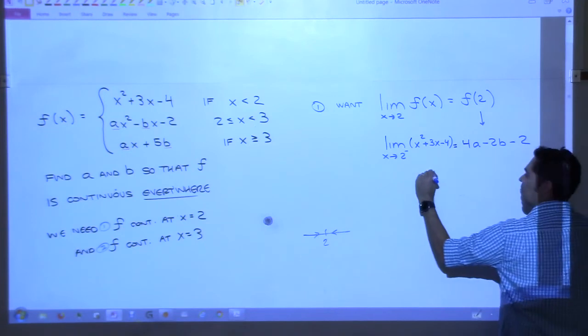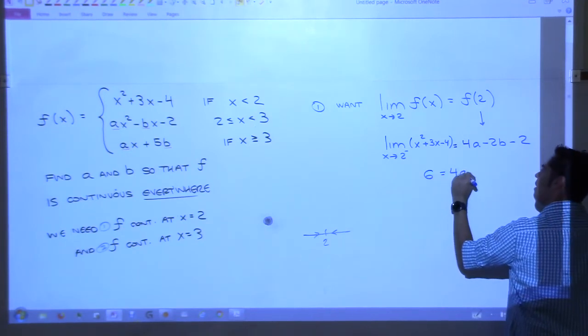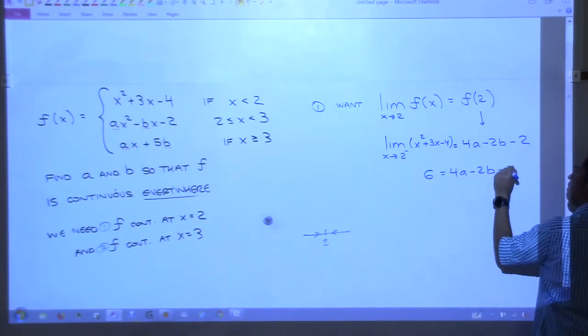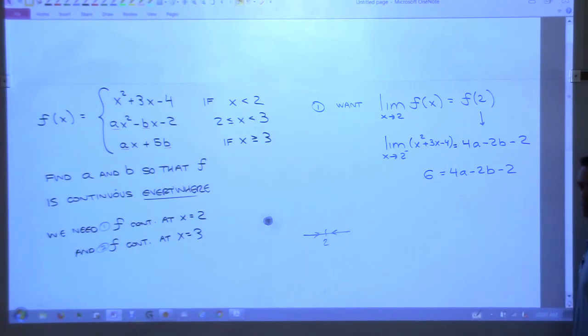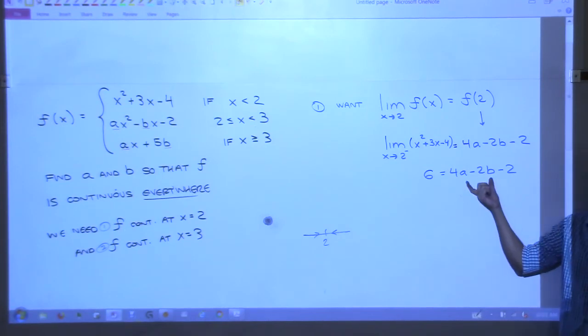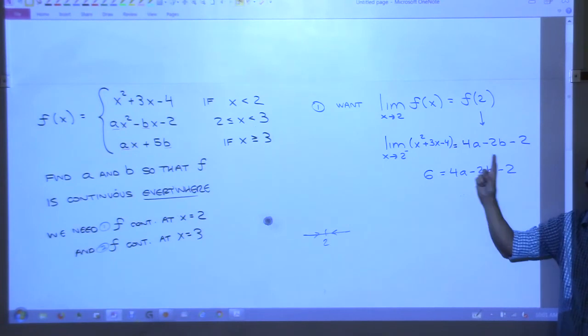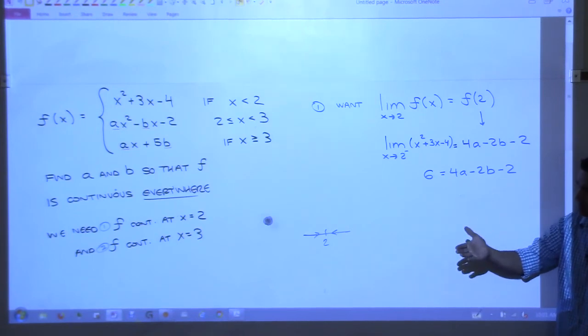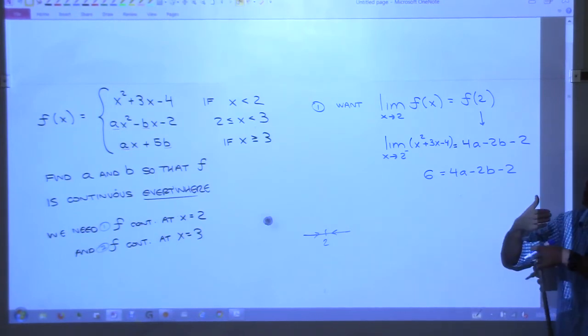6. So I get 6 is equal to 4a minus 2b minus 2. That's what I get, right? Well, you can solve this for a or b, can't you? But the problem is we have 2 unknowns. We have 1 equation and 2 variables. You cannot solve this, right? A system of equations is where you have multiple equations and multiple unknowns.